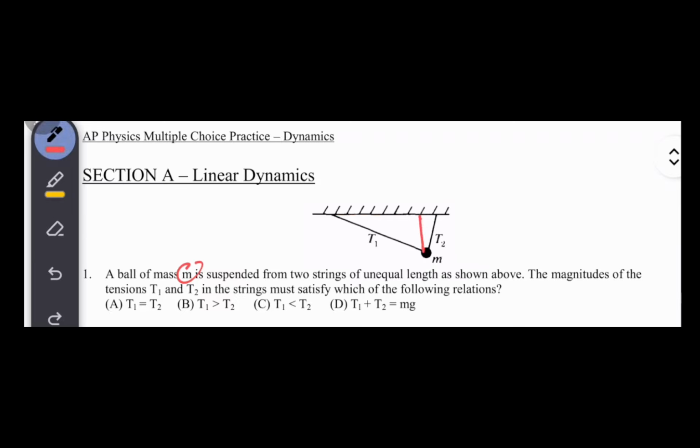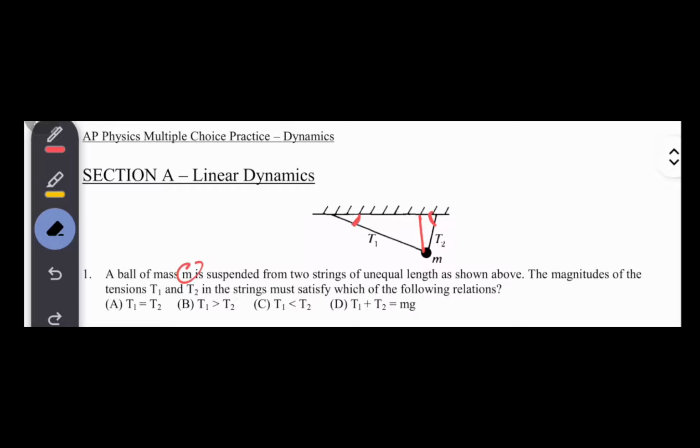Another thing we can look at when comparing these two is the angles that they make, we can see this angle and this angle. We can notice that tension 2 has a bigger angle, or a more pointed downwards force compared to tension 1.